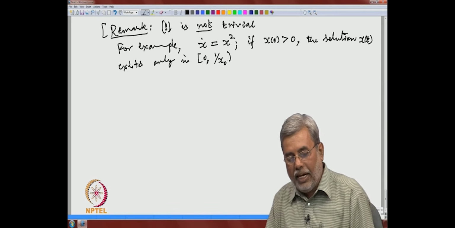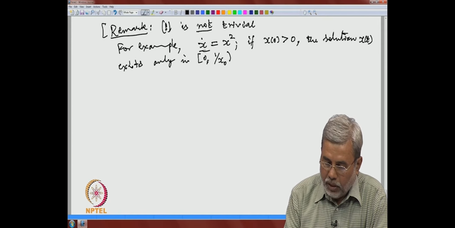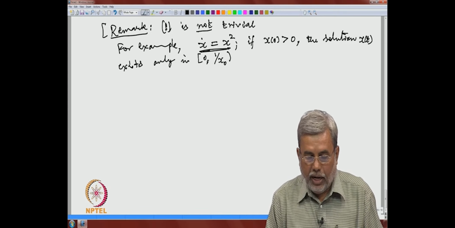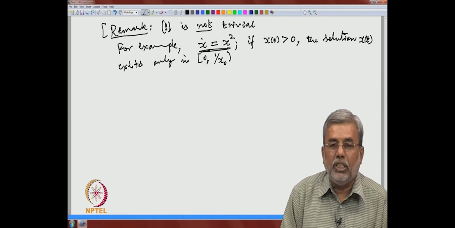We have already seen that. Of course, this equation does not fall under star, because there is a linear term here. So, the linear term is 0 here.